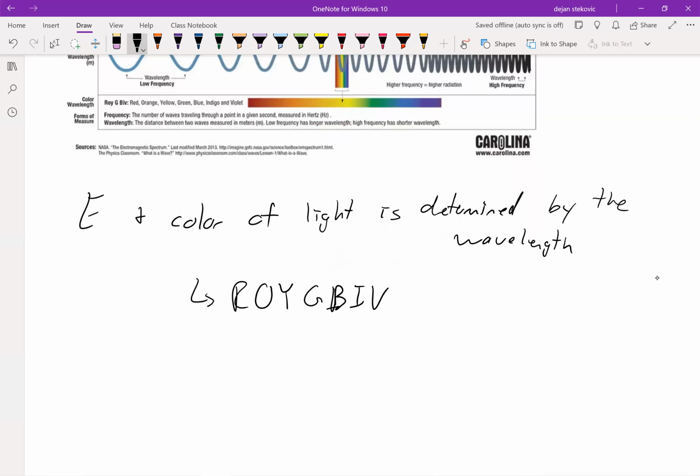Those are the colors: red, orange, yellow, green, blue, indigo, and violet. On the R side, we have red light, and that's generally low energy light. And then on the opposite side, we've got violet, which is high energy light.